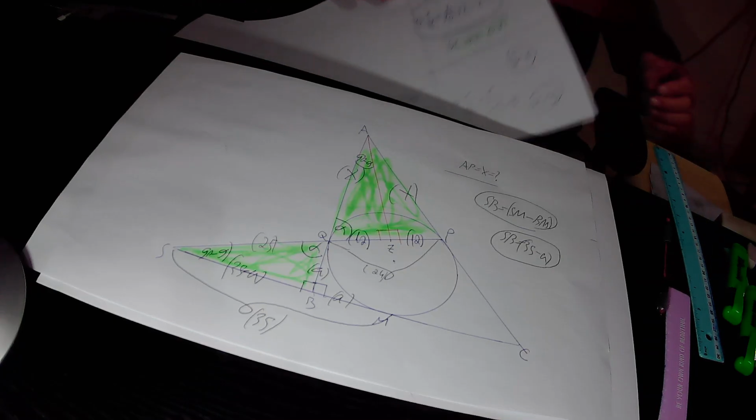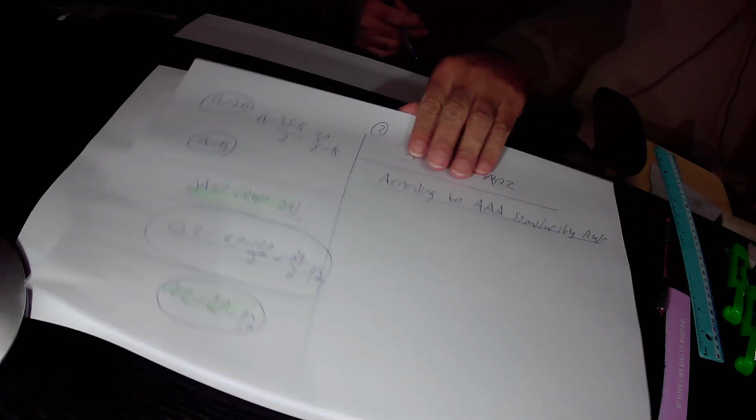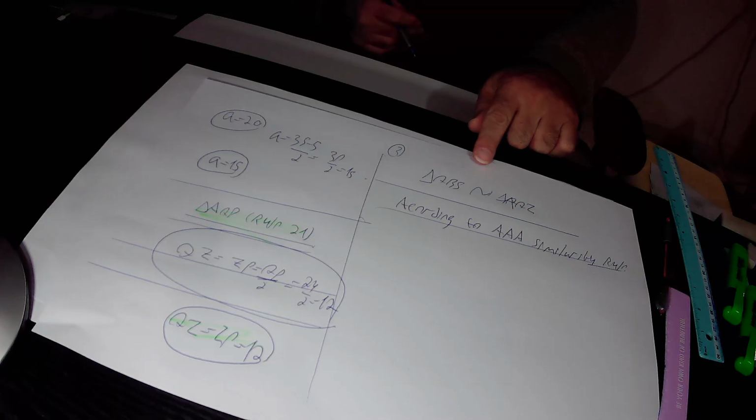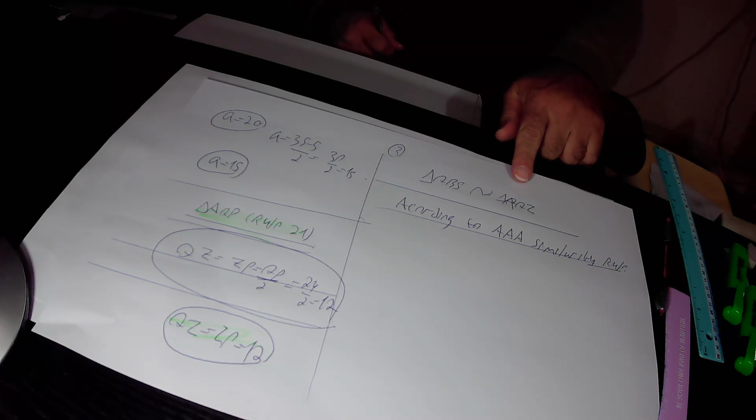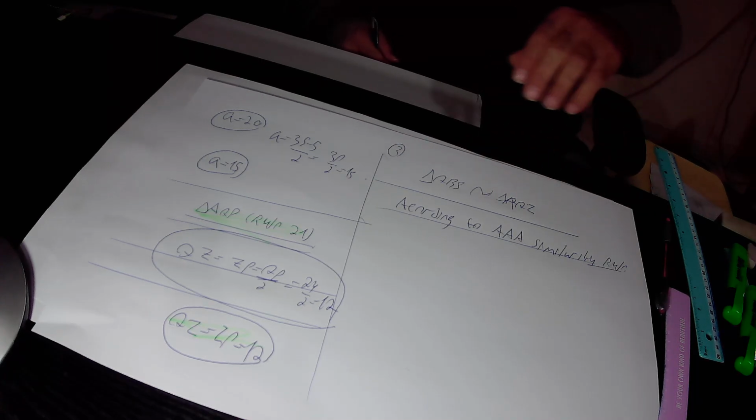And again, we find out that the small green triangle QBS is similar, this is the sign of similar, to the big green right triangle AQZ according to the angle similarity rule.